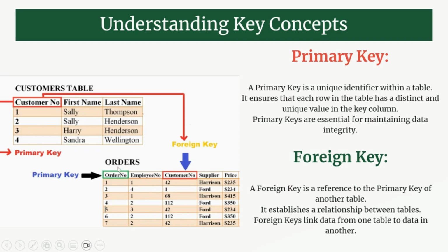So the primary key in the orders table will then be the order number because this is the orders table. So the primary key is the order number, but the foreign key is the customer number, which is the primary key in the customer table. I hope you understand the scenario. Okay, let's move on.